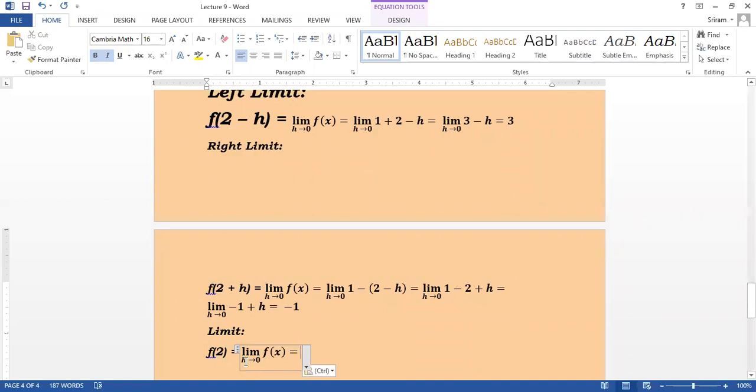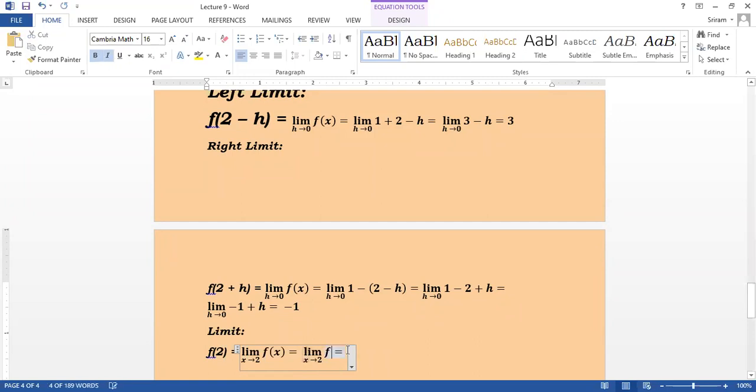So limit x tends to 2 f of x. Again, we are going to check which function is having equal to. I am having two functions.